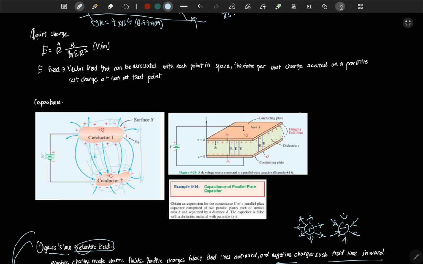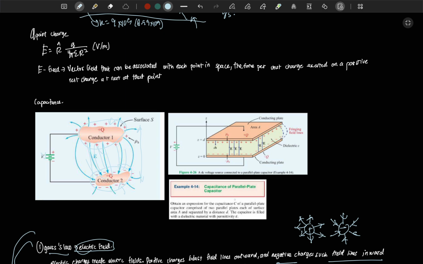Now this is an example of capacitance in a very understandable diagram, where this is plate 1, this is plate 2, and this is the E field in between. Now a question would sound as such.